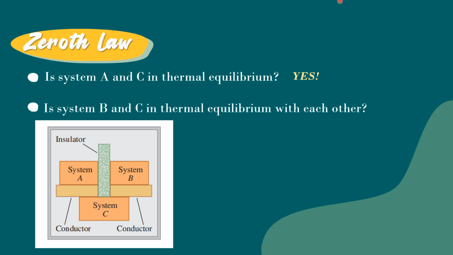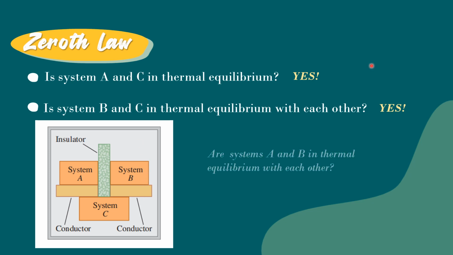Another question, are systems B and C in thermal equilibrium with each other? Answer, yes. There is still a chance that they would be in thermal equilibrium because C is also in contact or can transfer heat to system B through a conductor.